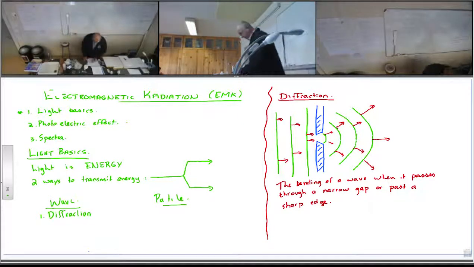Diffraction is the bending of light when it passes through a narrow gap, like I've shown there, or past a sharp edge.